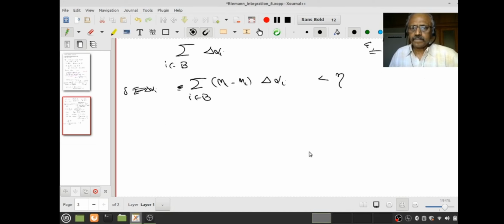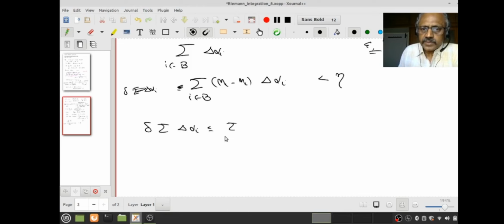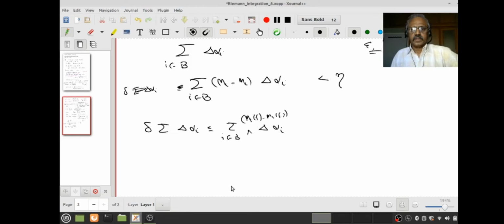So delta times the summation of delta alpha I is less than or equal to the summation over I in B of delta alpha I times Mi of f minus small mi of f. But this is less than eta. You understand that?